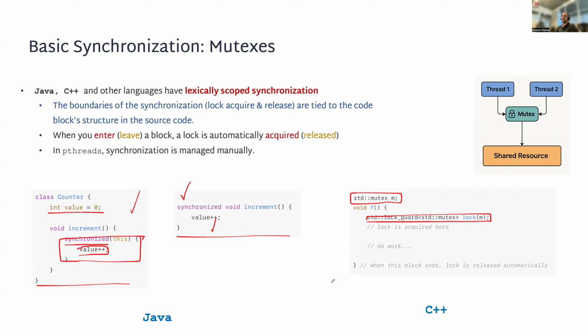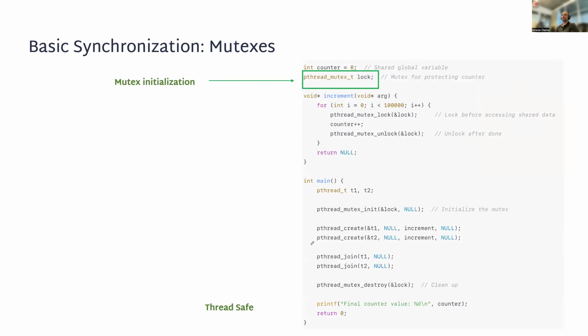This is the RAII idiom in C++, which is about managing resources within the scope of your class or function. But when you're using Pthreads, you have to acquire the lock manually, and then release it manually. Something similar to memory allocation and similar things.